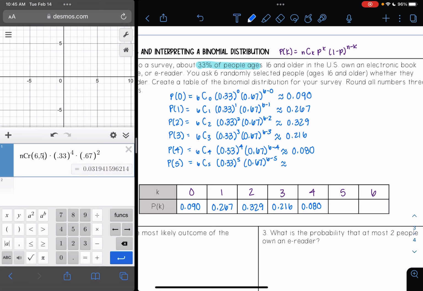So 6 minus 5, I get 1, and so I get 0.016. And then the probability of 6 successes, 6C6, 0.33 raised to the 6th power, 0.67 raised to the 6 minus 6. Plugging those in, I get approximately 0.001.